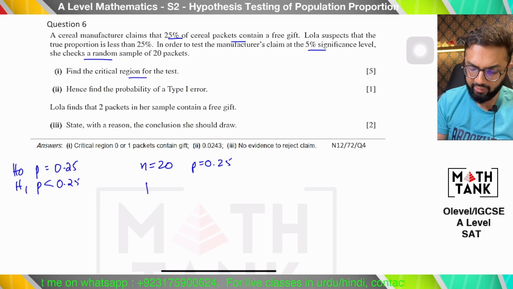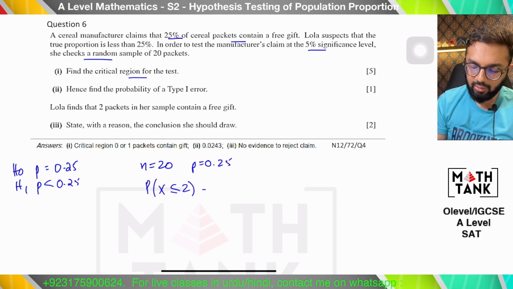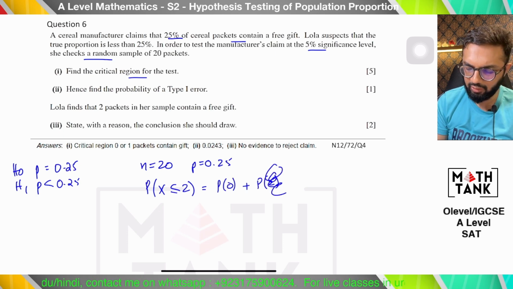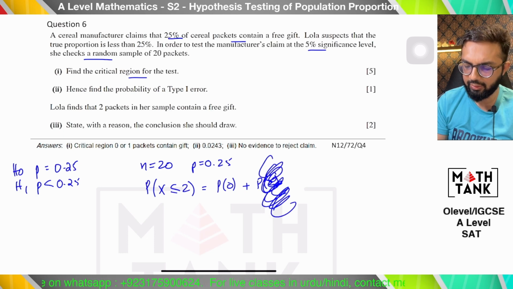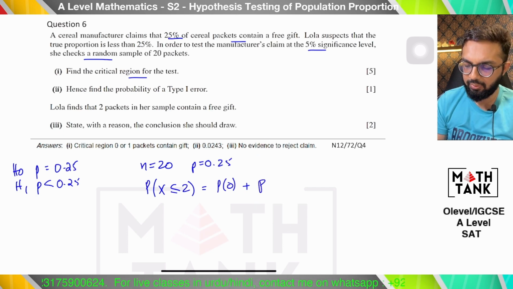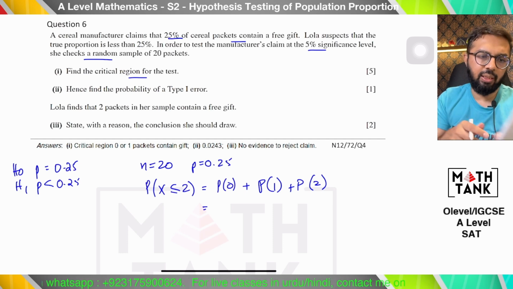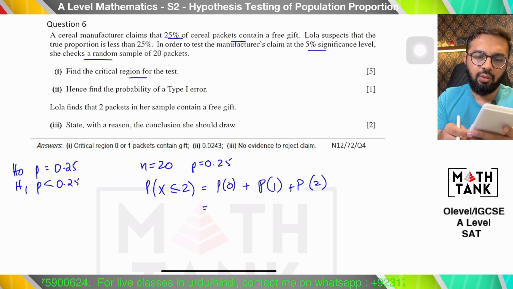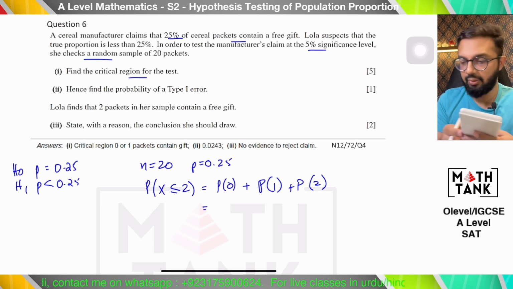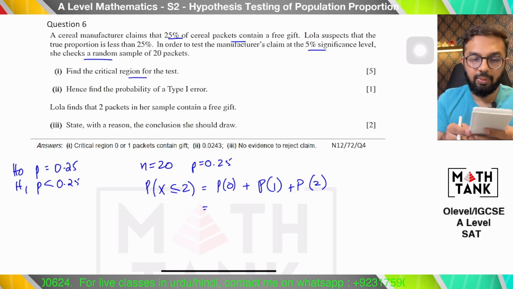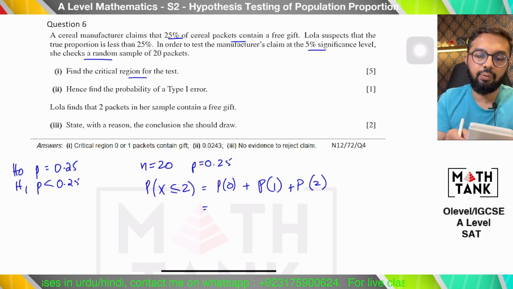Again, a bit of trial and error. Let's start with 2 and see if we get our answer. I am not going to write down the probabilities right now because I think that's pretty doable. You have n and p in front of you. I think everybody can write that. I'm just going to put these on my calculator into a cumulative binomial probability distribution and get you an answer for the total. So 2, n is 20, and p is 0.25.